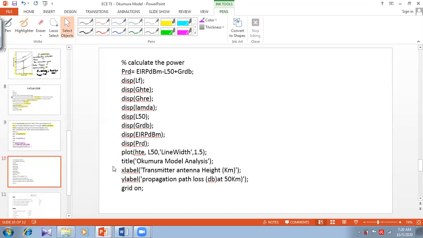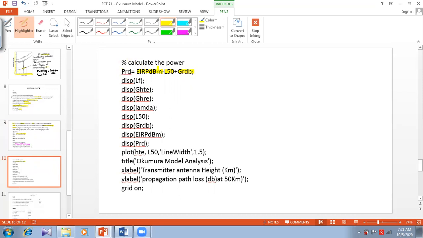Next step, we will calculate the median received power, for which we had seen earlier the formula would be EIRP in dBm minus the path loss obtained using the Okumura model plus the gain factor for your receiving antenna, which should be in dB. We had already converted into dB, so that value has to be used.